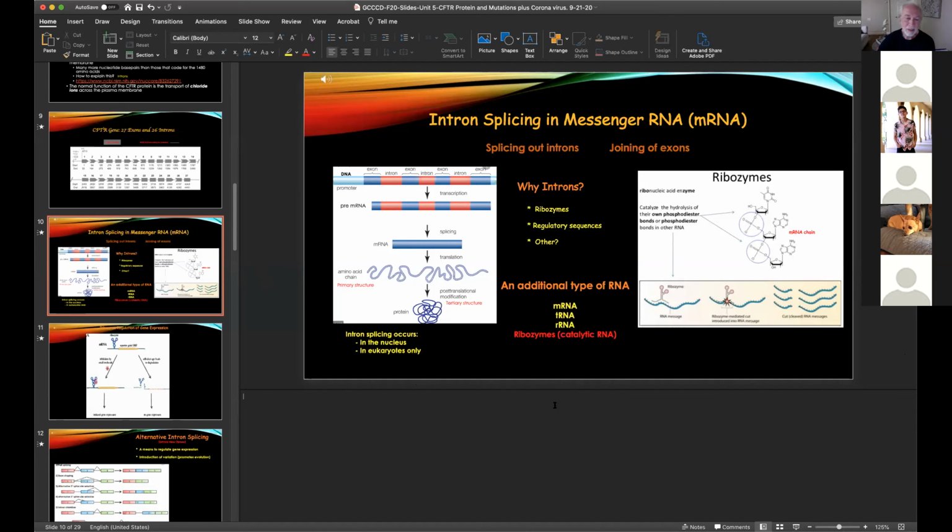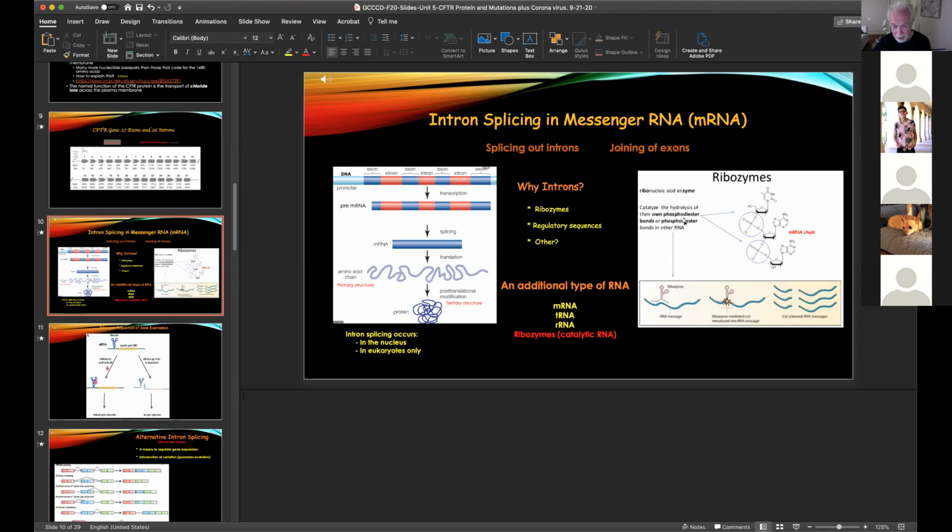Okay, ribozymes are catalytic RNA. So they're catalytic in that they convert substrate to product, but they're not a protein, they're RNA. And this was a huge surprise when it was first discovered a few years ago. But if you look on the right here, one of the things ribozymes can do is digest themselves.